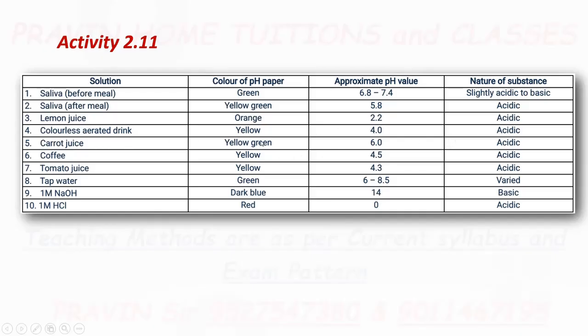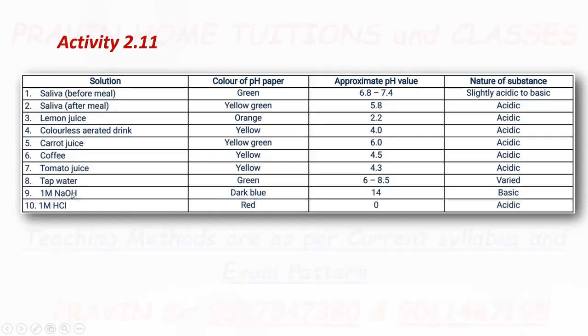Carrot juice, 6 pH value, acidic because less than 7. Coffee, pH value 4.5, it is acidic. Tomato juice, 4.3 pH value, acidic. Tap water, 6 to 8.5, it varies in nature. It may be slightly acidic or slightly basic.